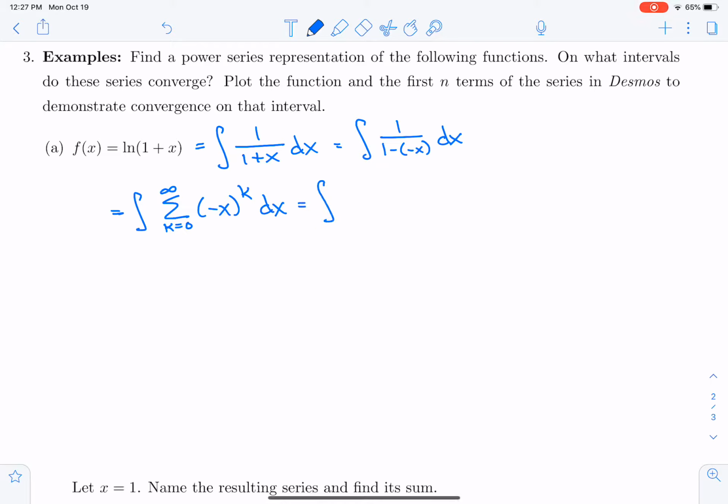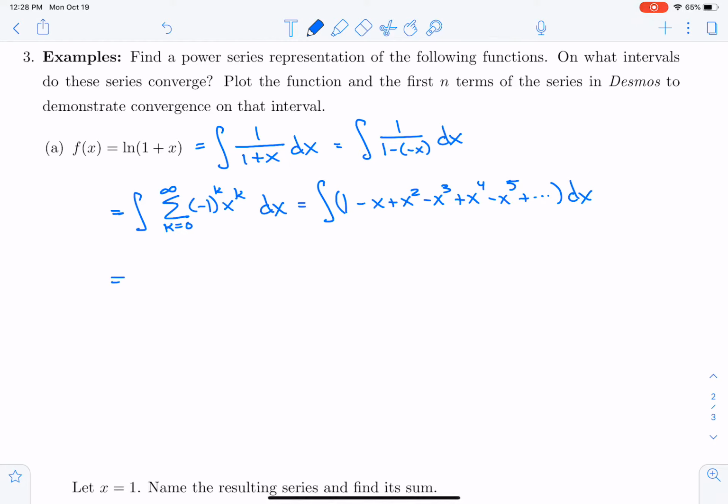It's the antiderivative of the sum of 1 minus x plus x squared minus x cubed plus x to the fourth minus x to the fifth plus etc. Another way to write negative x to the k power is negative 1 to the k, x to the k.